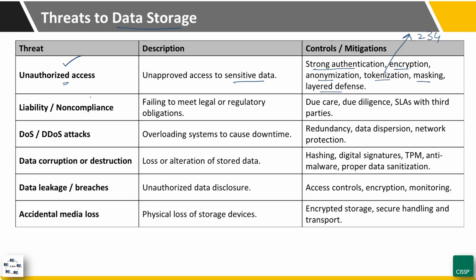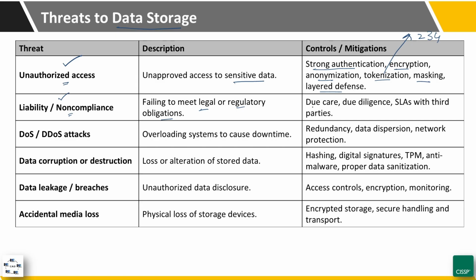The next threat to our data storage or data at rest is liability or non-compliance. So this is failing to meet legal or regulatory obligations. So some sensitive data, such as we studied the PII, is governed by GDPR in EU, or PHI is governed by HIPAA in US. So these should be kept in mind. And how do we comply with these regulations?